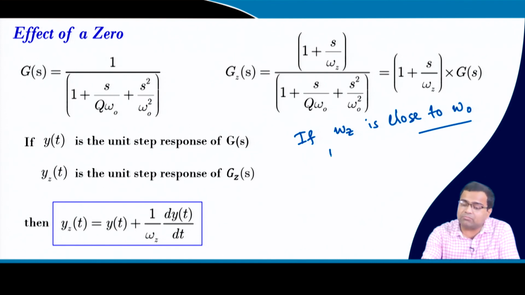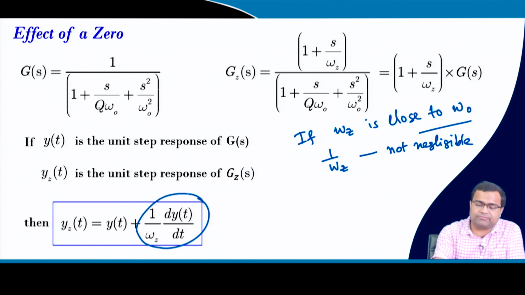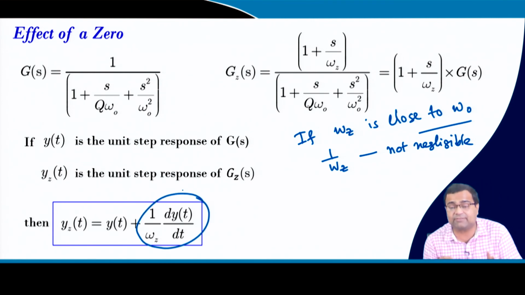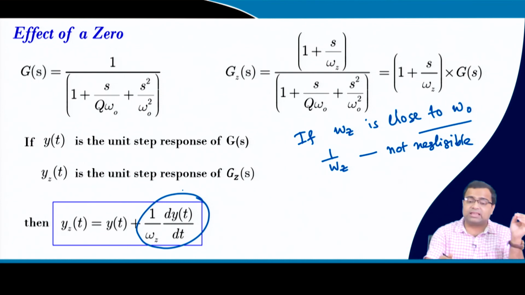Then 1 by omega z is not negligible. In fact, it can be quite large, and if the 0 comes close to the imaginary axis, this response will be very fast. Even if you take a first order system, you can have overshoot in the response if there is a 0.